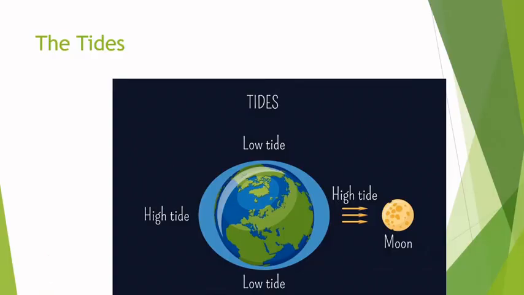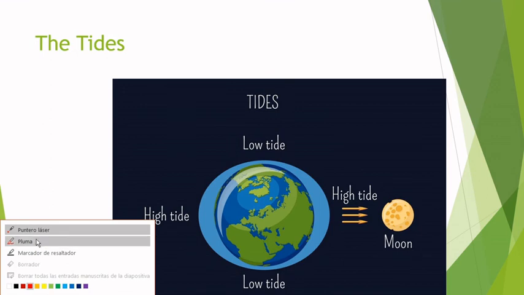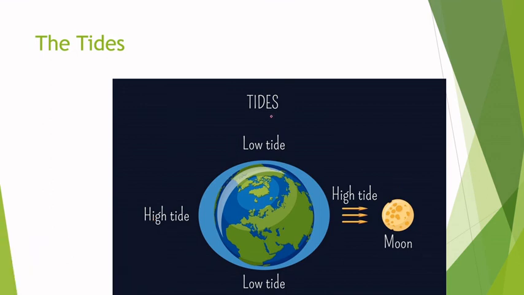Then the Earth will be moving around, and then the Moon will be here. Then what we will have will be a high tide here and a high tide here, whilst here there'll be a low tide, and here another low tide. And like that during the 24 hours of the day.